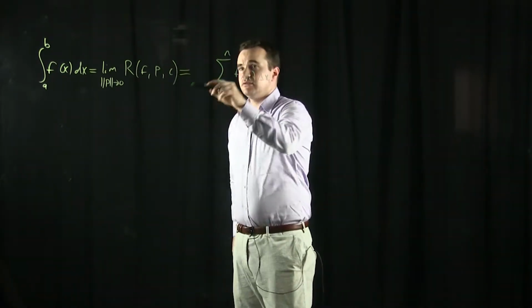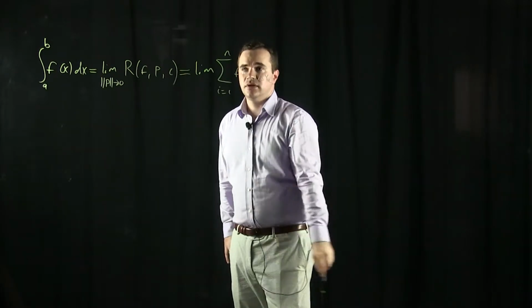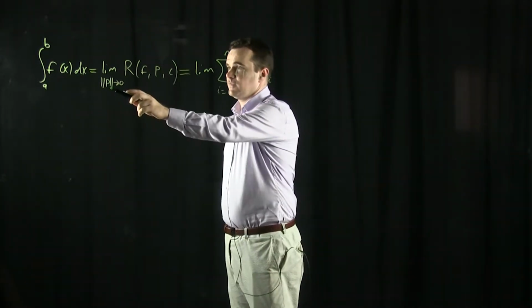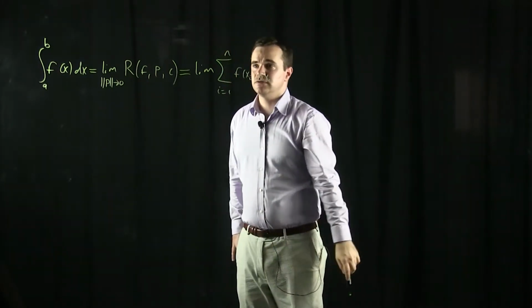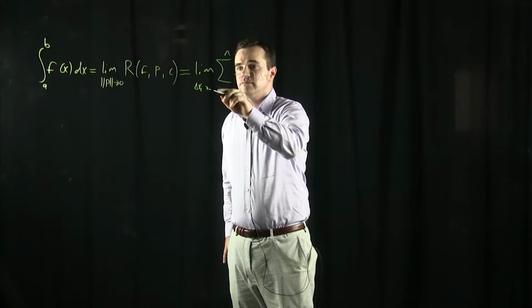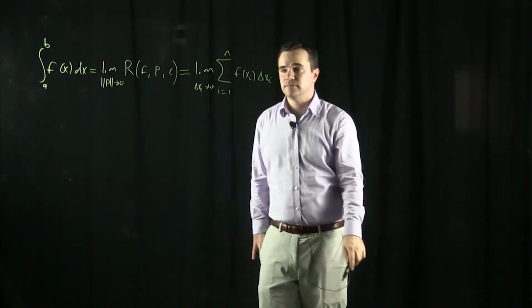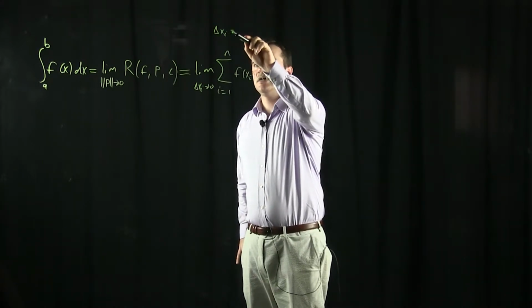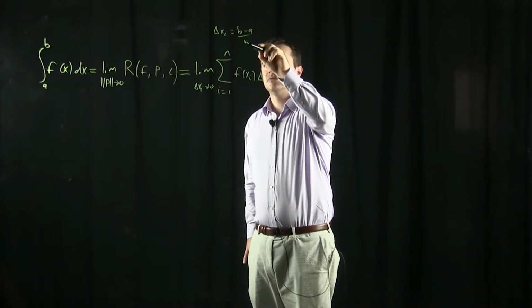And then the limit as this width goes to 0, that's the same thing as saying the limit as delta x_i goes to 0. But for right-hand endpoints, delta x_i is nothing but b minus a over n.